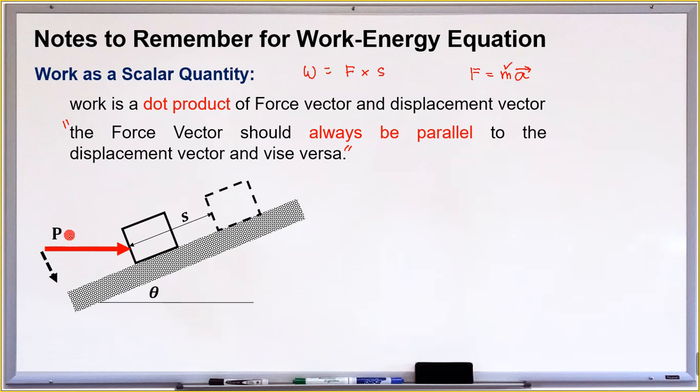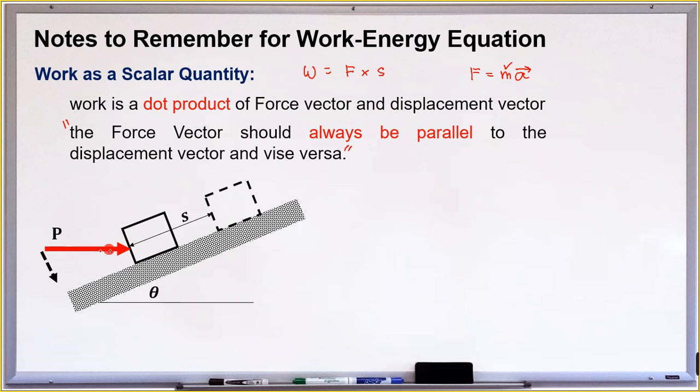We need to resolve the force P because the line of action of our force is not parallel to the line of action of our displacement. Remember, our displacement is parallel to the inclined plane. However, the line of action of our force P is not parallel to the inclined plane.